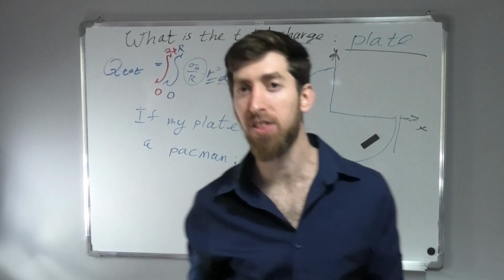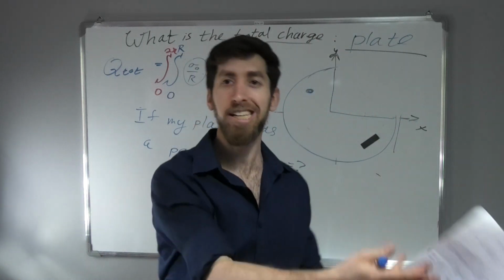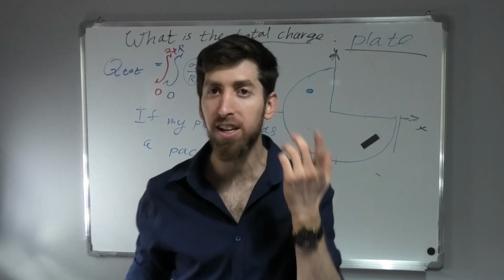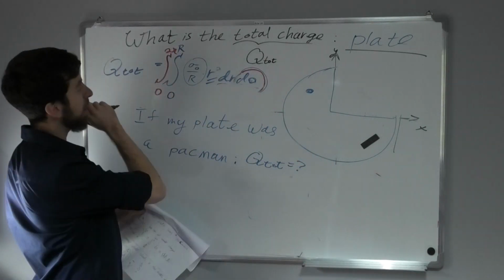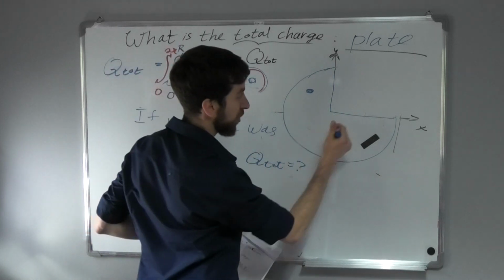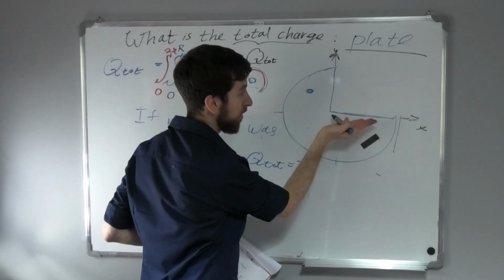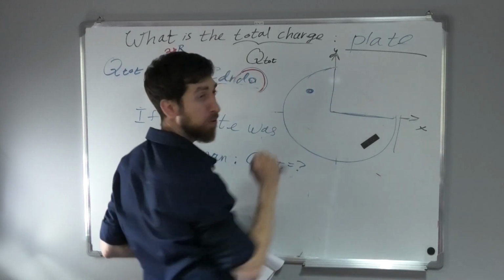This is a classic thing to do on an exam: they give you the easy thing in class, and in the exam something a little more challenging. So think about what changed here. I don't care about angles from 0 until pi over 2.